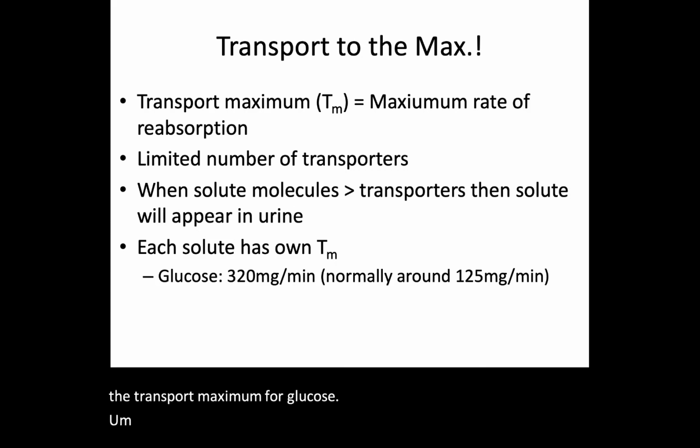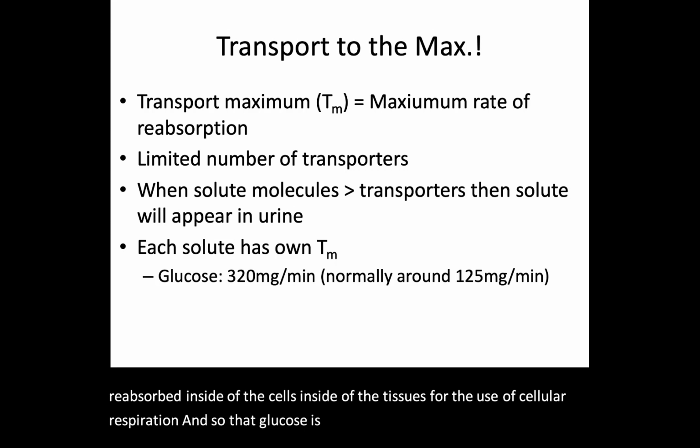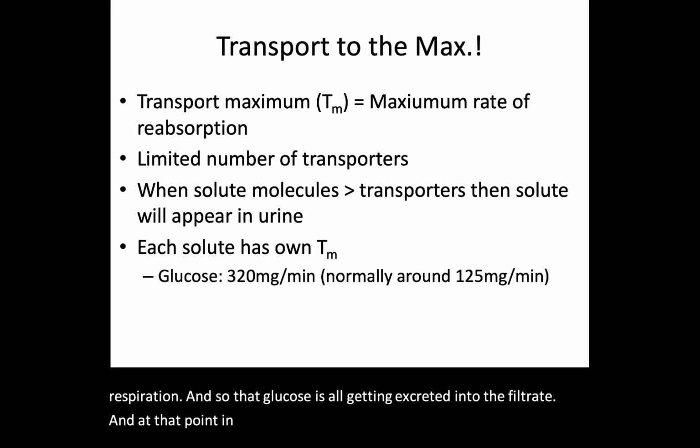In individuals who are diabetic, what happens is that glucose is not being reabsorbed inside of the cells, inside of the tissues for the use of cellular respiration. And so that glucose is all getting excreted into the filtrate. And at that point in time, you do exceed the TM. You do exceed the transport maximum for glucose.